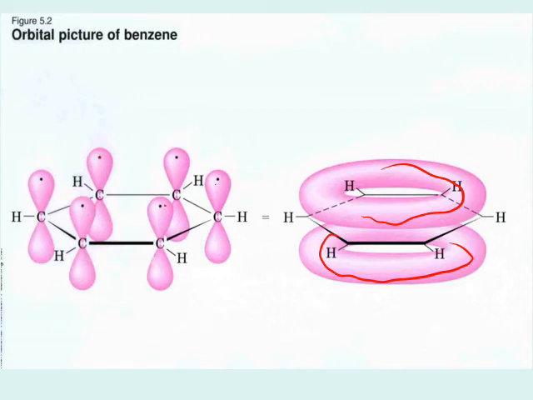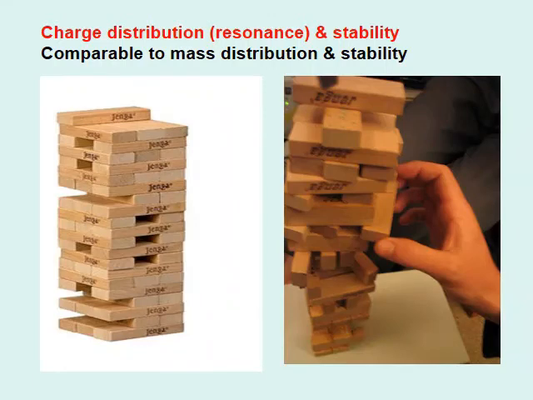Now let me explain to you how that works. In this slide, we are showing you mass distribution and stability of the structures. On the right hand side, mass distribution is not done very well, for which the whole structure is unstable and is falling down or breaking down.